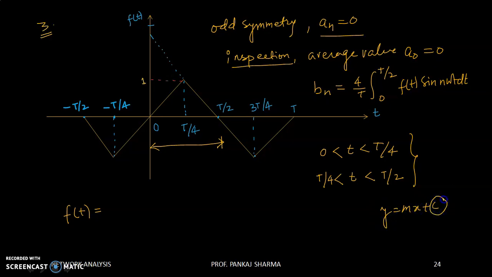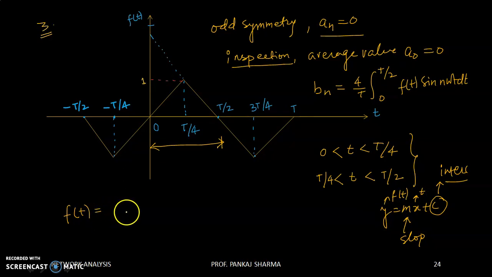C is your intercept, m is your slope, c is your intercept. We have studied this in coordinate geometry. And m is your slope, tan theta, and y is your f of t, and x is your t.